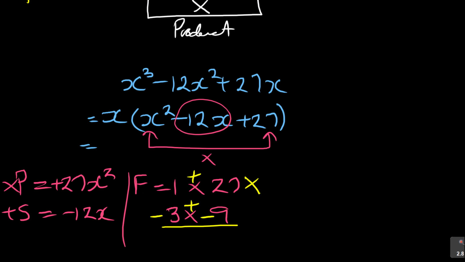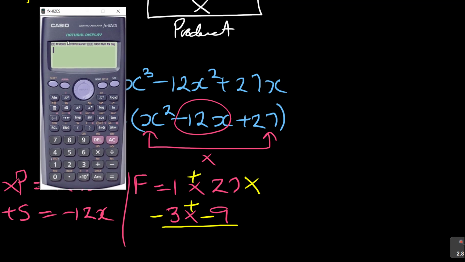Let's try it. Rely on the calculator. 3 plus 9 is 12, yes, but I need a negative 12. That's why both numbers now must be what? Negative. See, it's a negative 12.